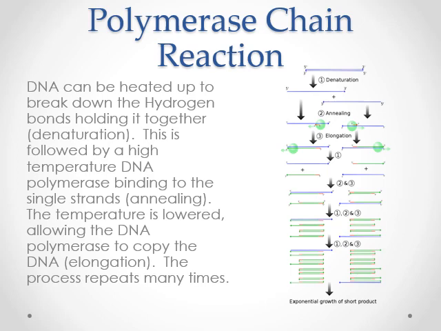So denaturation, you heat it up, you break the hydrogen bonds, you add a high temperature DNA polymerase that creates a copy of the DNA, a single-stranded copy, and then you lower the temperature, allowing those copies to come back together. You repeat this over and over and over again, so you can go from a single strand of DNA to millions upon millions of strands in a very short amount of time.